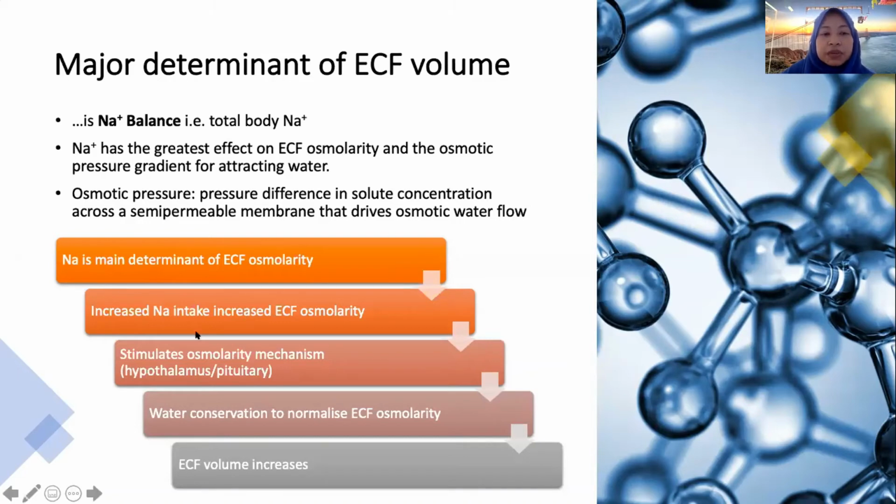When the ECF osmolarity increases, it stimulates the pituitary to release a hormone known as the antidiuretic hormone, and this causes water conservation, meaning there is increased water reabsorption in the kidney mainly, which normalizes the ECF osmolarity. So that is how the sodium concentration affects the ECF osmolarity.